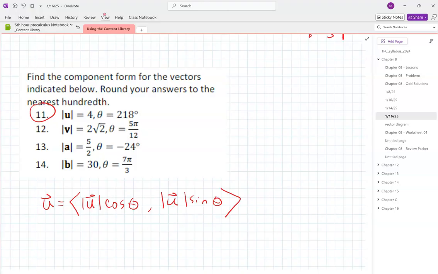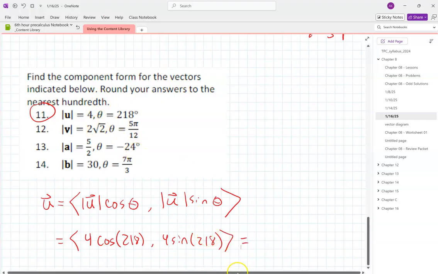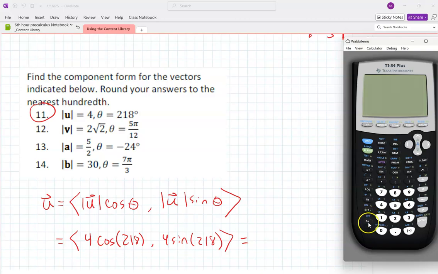Hopefully that's easy to remember because cosine is x and sine is y, just like on the unit circle. So in this problem, I'll do 4 times cosine of 218, and then 4 times sine of 218. And then I just go to my calculator and type this stuff in. Right?